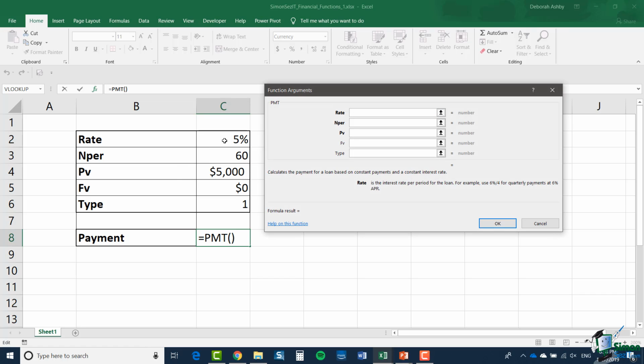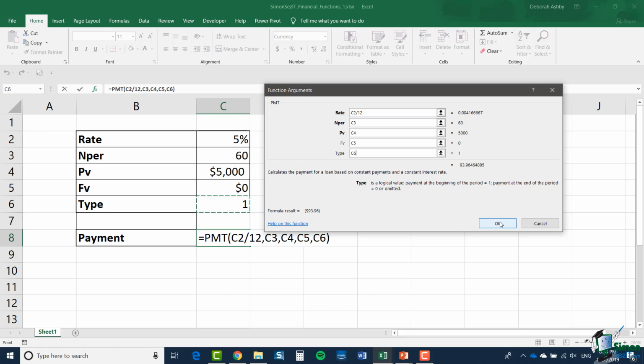So the rate is C2 divided by 12. This will give me a monthly rate. The number of periods is C3 and the present value is C4. The future value, C5, and the type is C6.